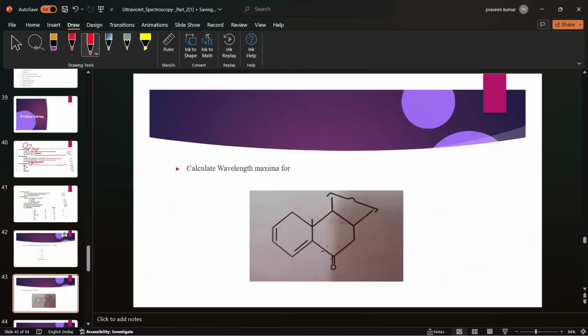Come on, guys, answer this question. What is the lambda max for this compound? Everyone must solve this and answer me. Take pen and paper and solve it.